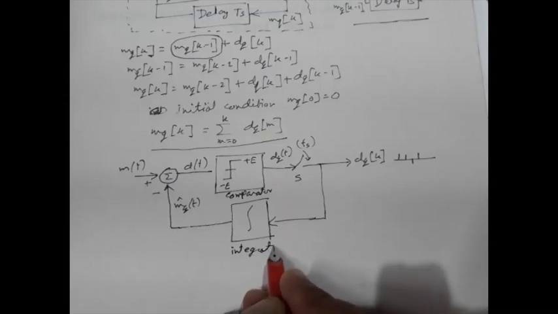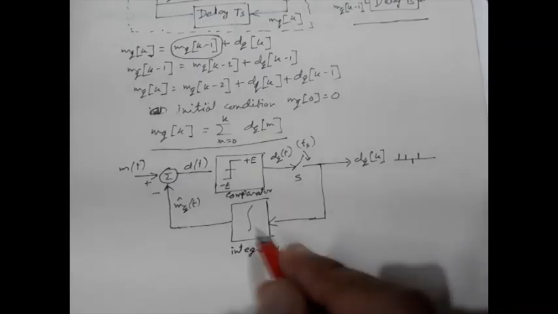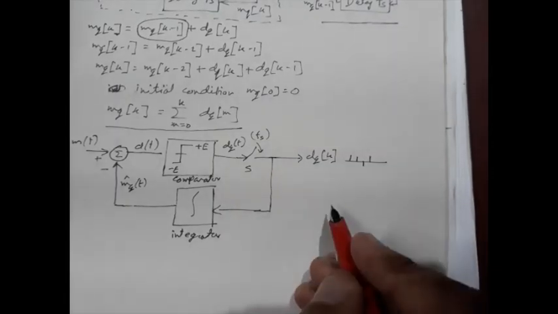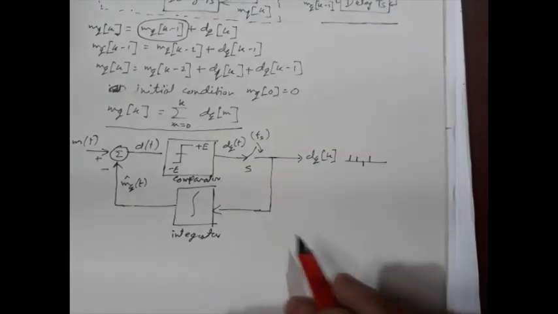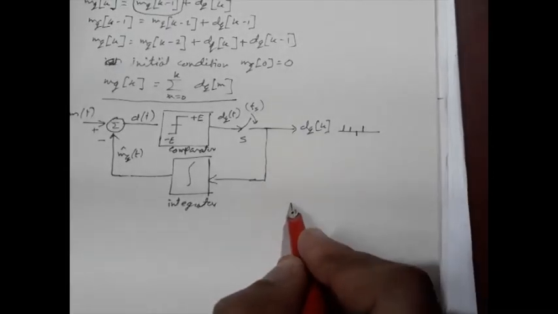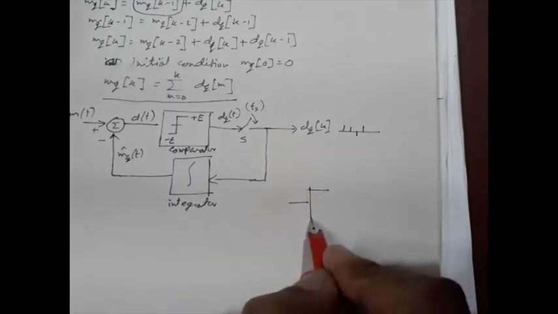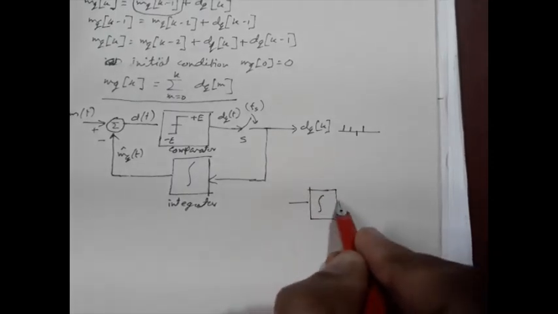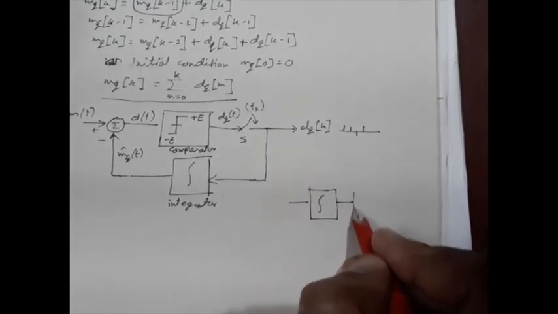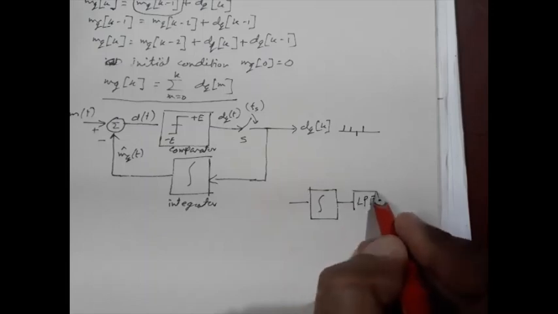Similarly, we can draw the corresponding receiver. Receiver is very simple, integrator along with low pass filter.